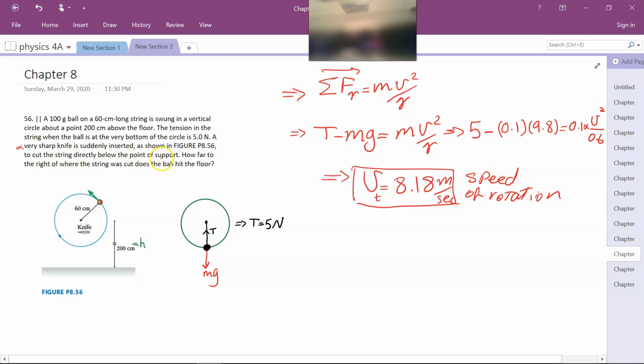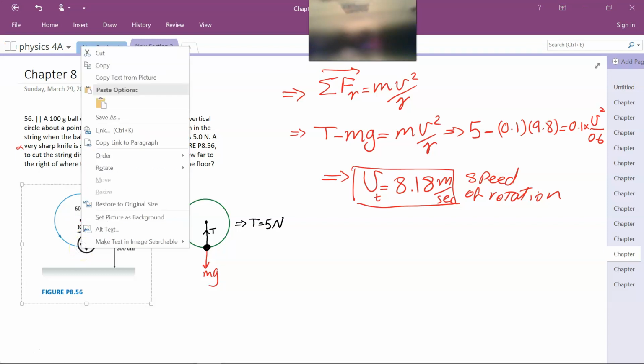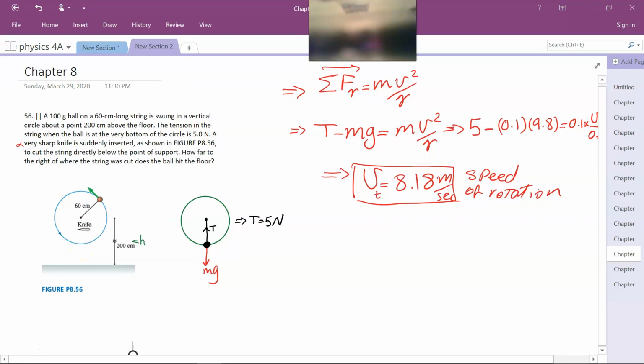Below the point of support. Where is the point of support? Here is the point of support. So here is the location. Here is the point that the ball will be released.